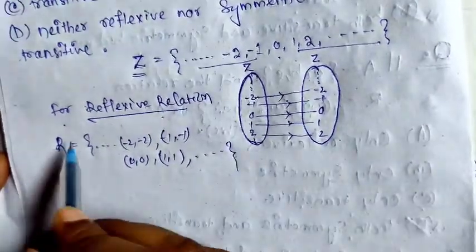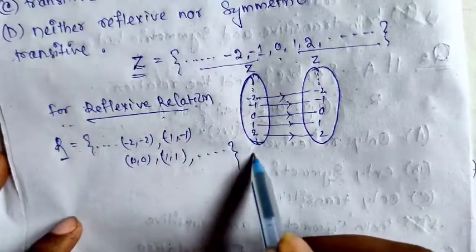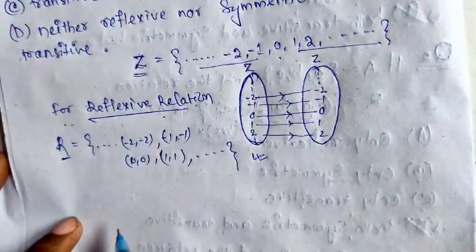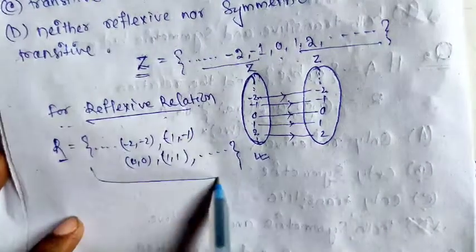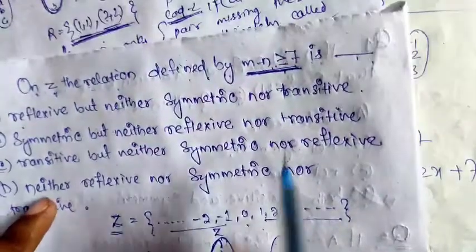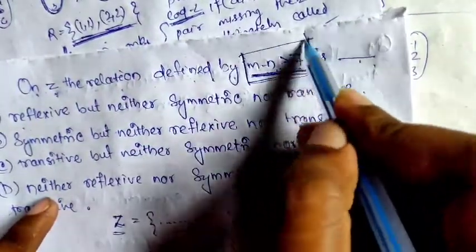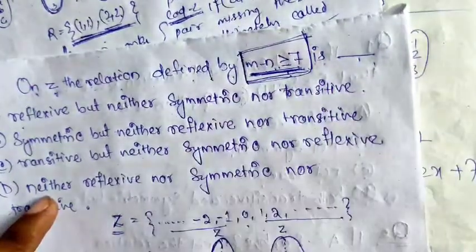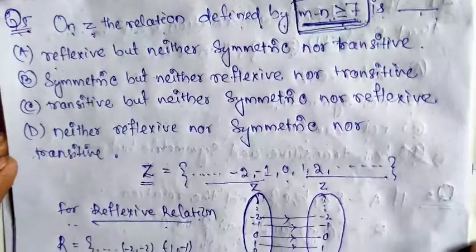So for a reflexive relation R must have these ordered pairs. Now we have to check whether all these ordered pairs satisfy this condition or not. If they satisfy it, then we call it a reflexive relation.